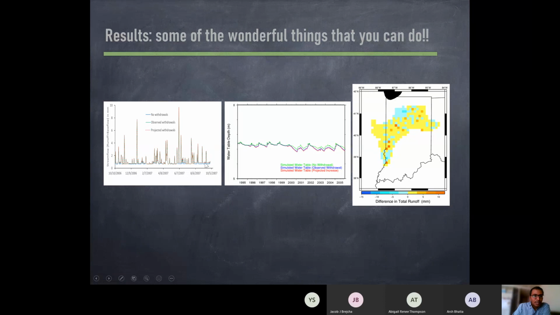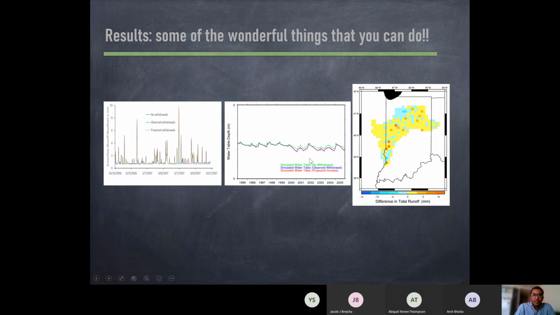The dashed red line is what I'm predicting. I'm predicting the water withdrawal would be like this in the future, and that means the stream flow is also changing with projected withdrawals.